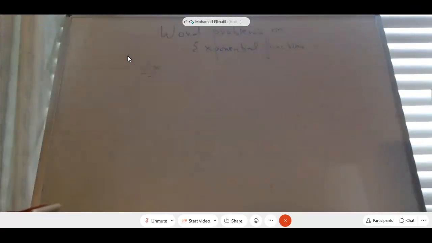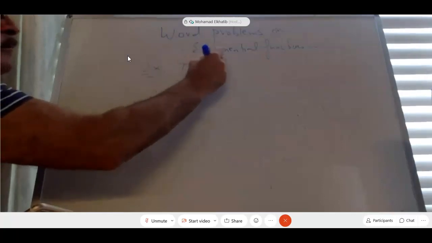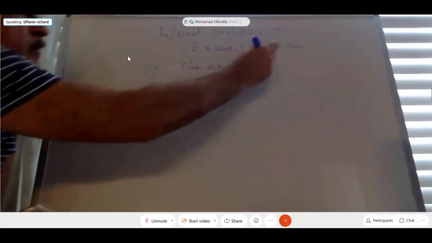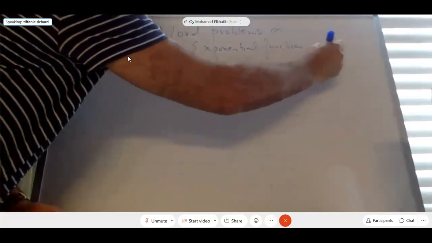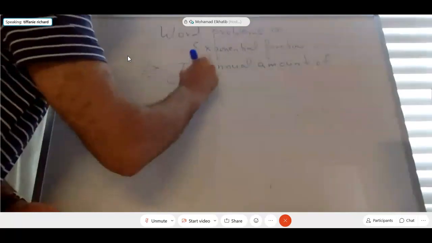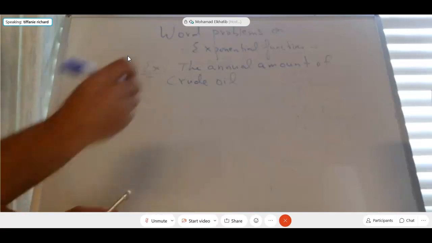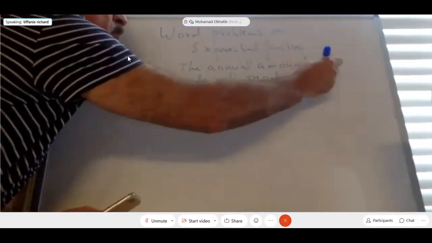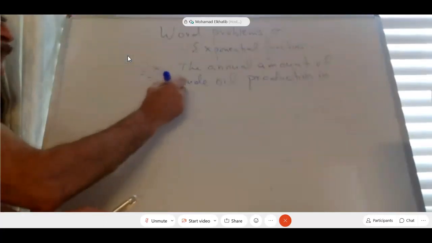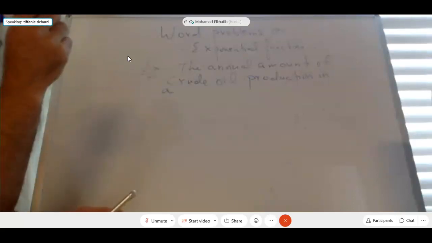And this is similar to your homework question here. The annual amount of crude oil production in a country. The good news for you, the word problems for exponentials are a lot easier than the word problems we worked on before.